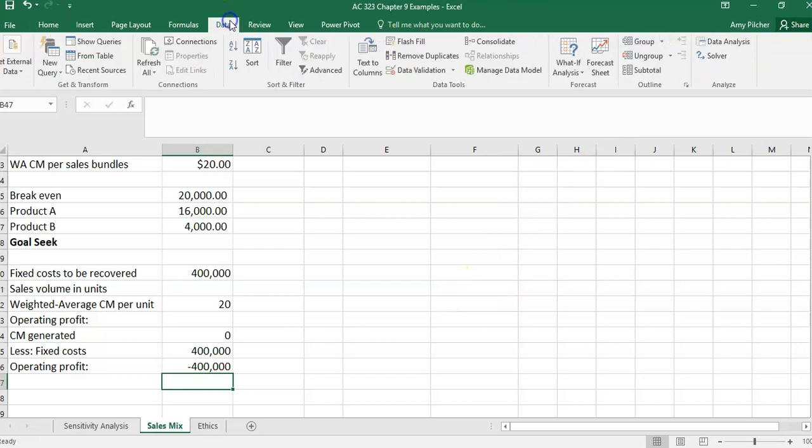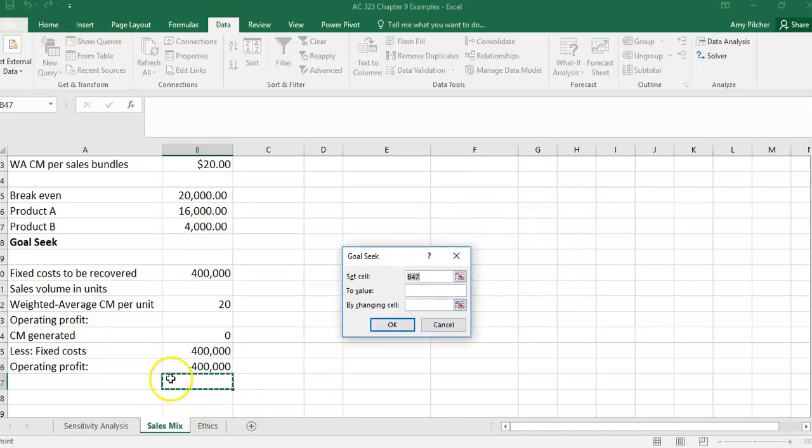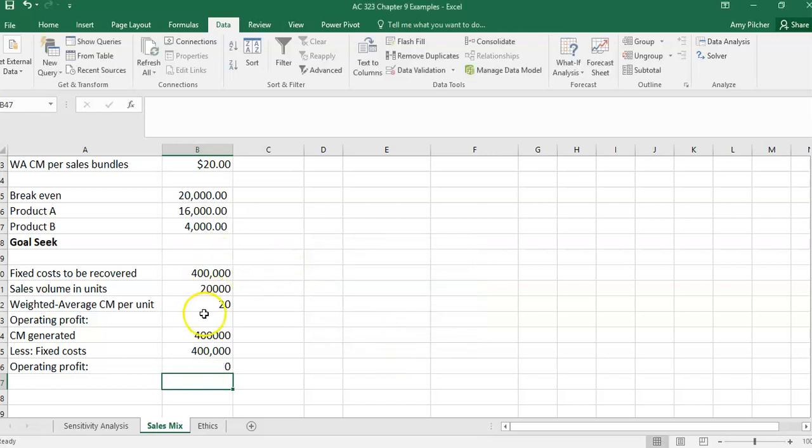So using the Goal Seek function to do break-even analysis, we want the operating profit cell to equal 0 by changing the number of sales units. And that gives us 20,000 units, which is exactly the same information we received from the 20,000 here.